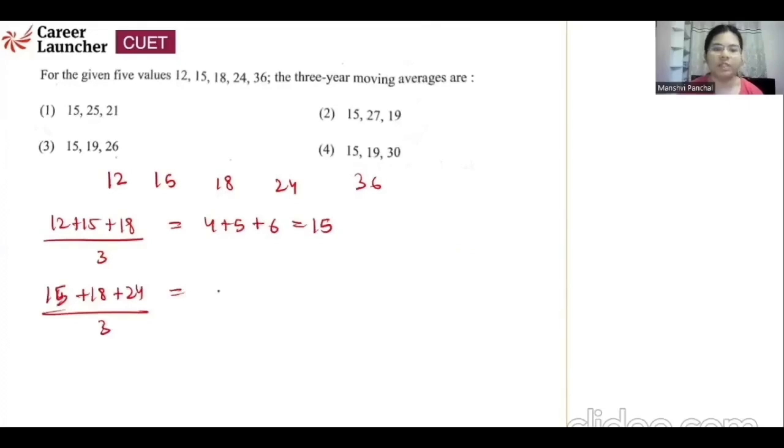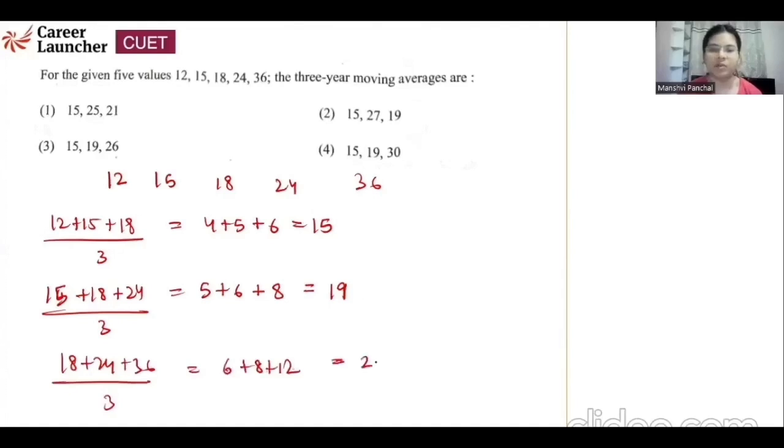It means 5 plus 6 plus 8, so 11 plus 8 is 19, right? And then we have 18 plus 24 plus 36 by 3. It means 6 plus 8 plus 12. So 6 plus 8 is 14, 14 plus 12 is 26. So 15, 19, 26. Option 3 is the correct answer.